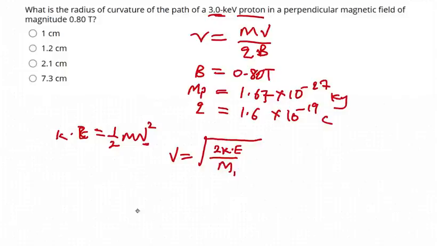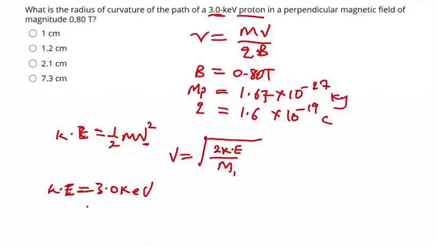And we're given the value of kinetic energy to be 3.0 kilo electron volts, and we have to convert this to joule.